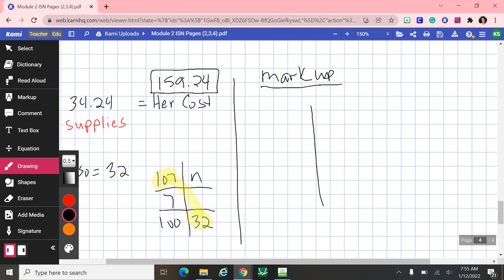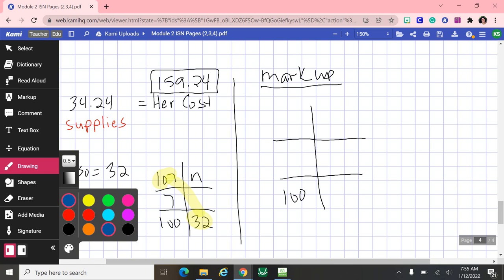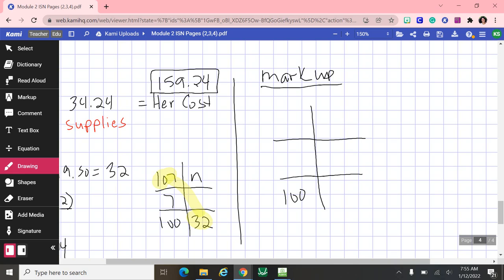So we are going to set up our organization system here and start with the 100 in the lower left-hand corner. In this case, our original price is going to be her cost of $159.24.